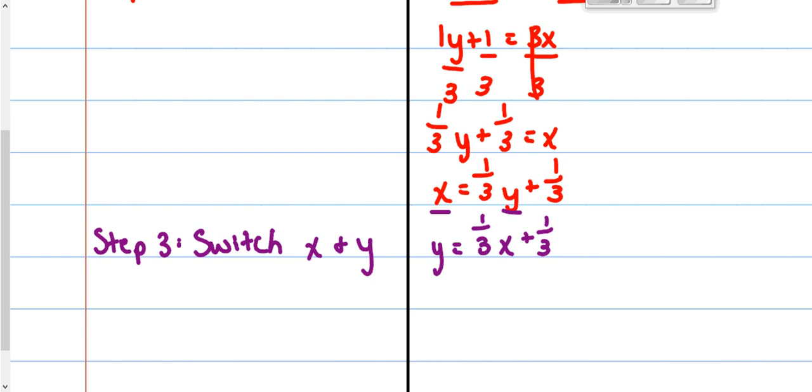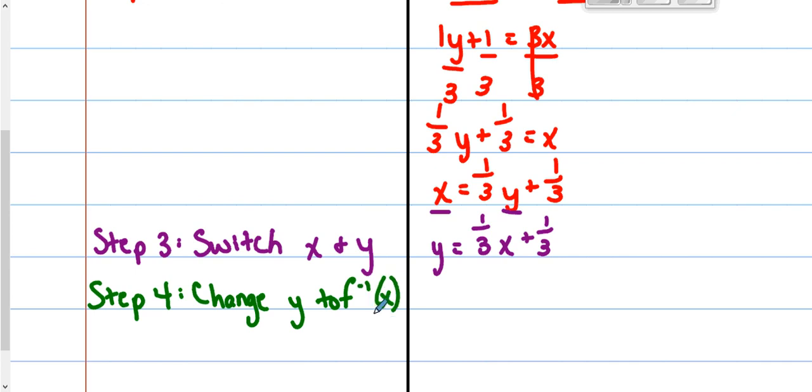And now for step 4, we are going to change y to f inverse of x. So f inverse of x, that just has the -1 in that exponent on the f.